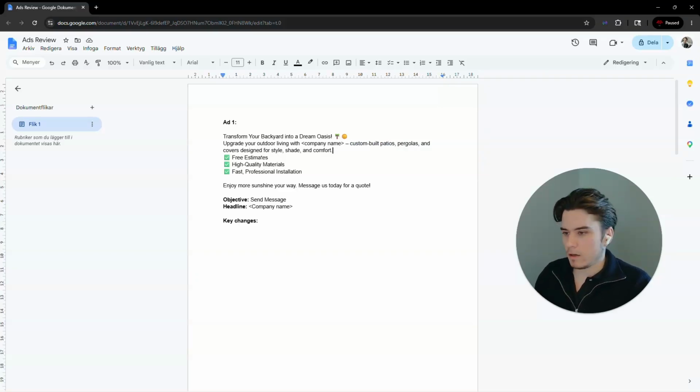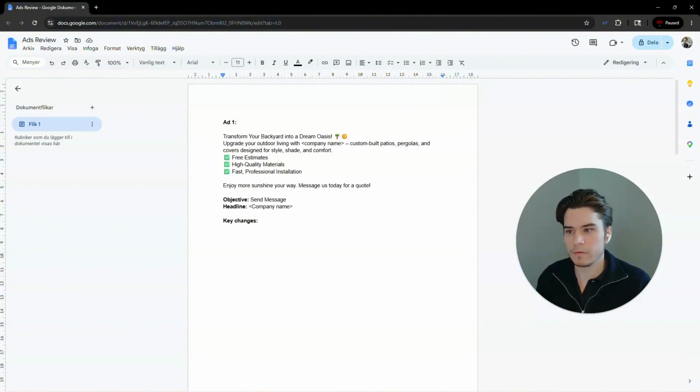So, keeping it going, free estimates, high quality materials, fast and professional installation. Again, just generic stuff that doesn't mean anything to the homeowner. Everyone says this, high quality materials. They can't even really register what that means. And sure, you may mention this, but if you're going to mention it, then explain how that's beneficial for the customer.